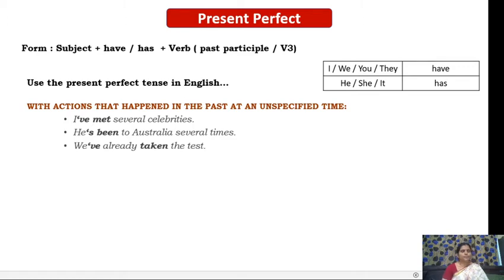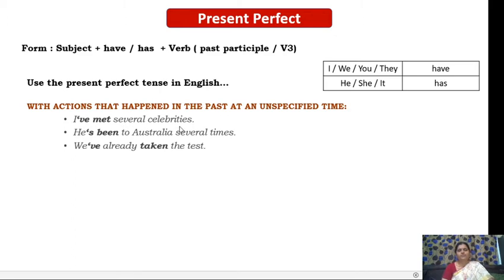Let us see. I have met several celebrities. So when you have met, the time reference is not given here. So such actions can be expressed in present perfect tense only, because there is no time reference here and something happened at an unspecified time.